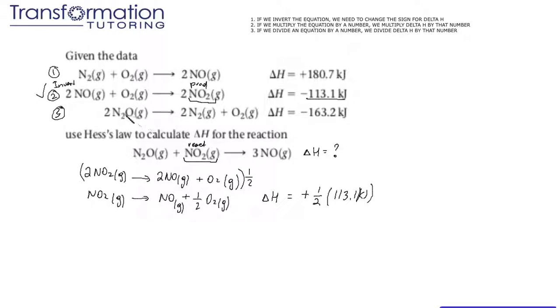Is there a molecule that it has that is unique? Well, if we look at this one, we have N2O, and we have N2O in the overall equation that we're looking for, and none of the other equations have N2O, so we can use it. Now, what happened to N2O?